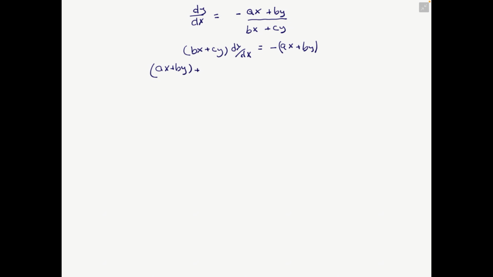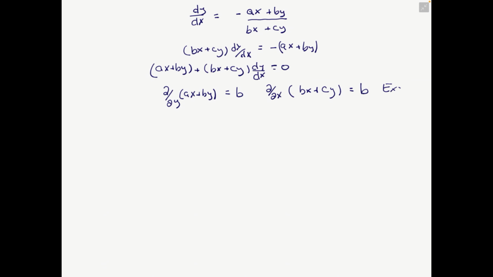We have bx plus cy dy dx equals minus ax plus by. Bring that over. We've got ax plus by plus bx plus cy dy dx equals 0.